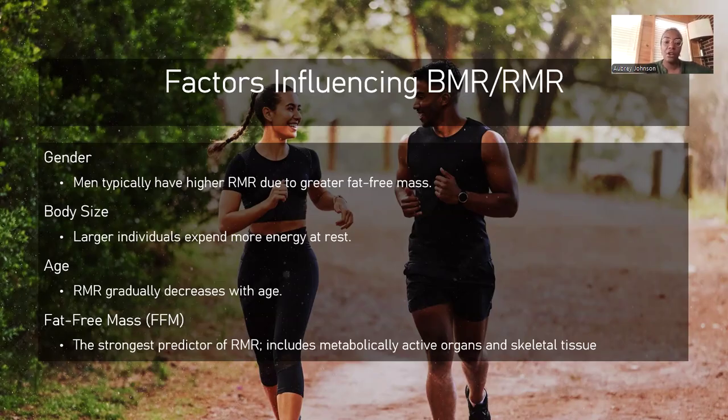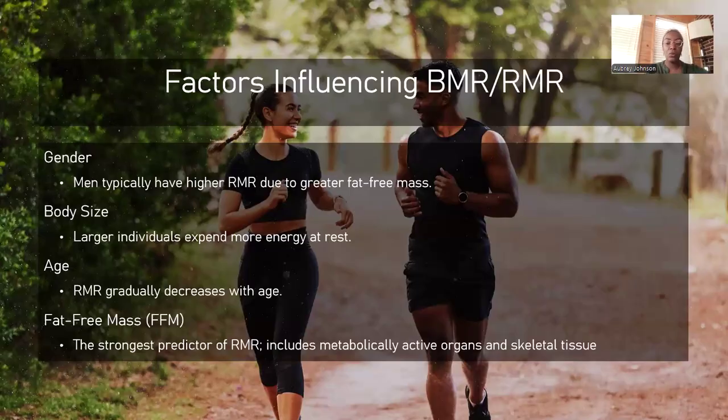Body size is also a factor influencing resting metabolic rate, and larger individuals are going to expend more energy at rest. In addition, RMR is going to gradually decrease with age, and we saw that in both of the equations, both the Harris-Benedict and the Mifflin-St. Jeor.